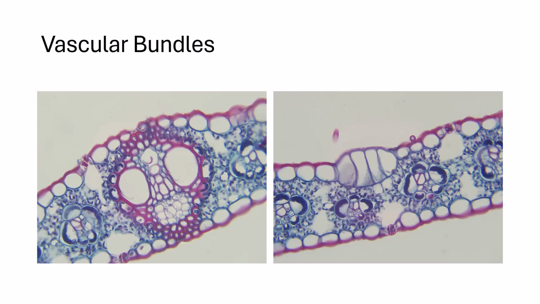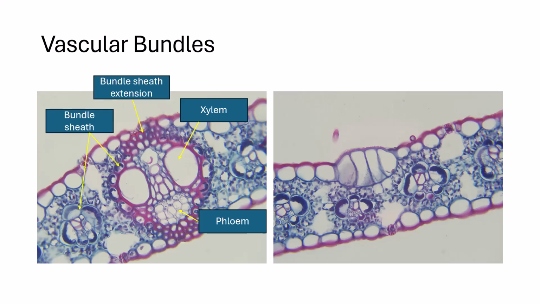Now examine the midvein more closely. Identify the xylem, usually with larger, thick-walled cells toward the upper surface, and the phloem composed of smaller, thinner-walled cells toward the lower surface. How can you visually distinguish xylem from phloem based on position, cell size, and wall thickness? Locate the bundle sheath surrounding the vascular tissues.